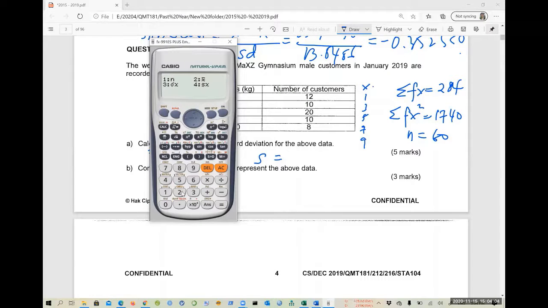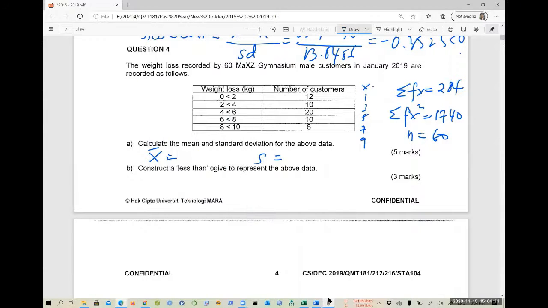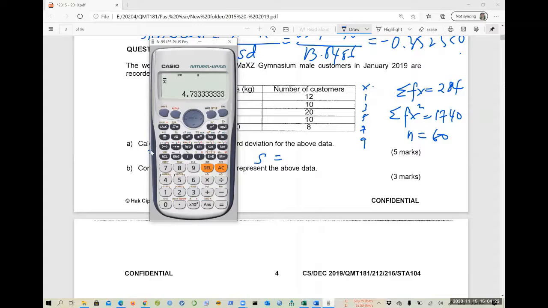The mean is number 2, which gives you 4.73. To find the standard deviation, again press shift number 1 and take number 4. You want the sample standard deviation, that is number 4. Press equals and you get 2.59.